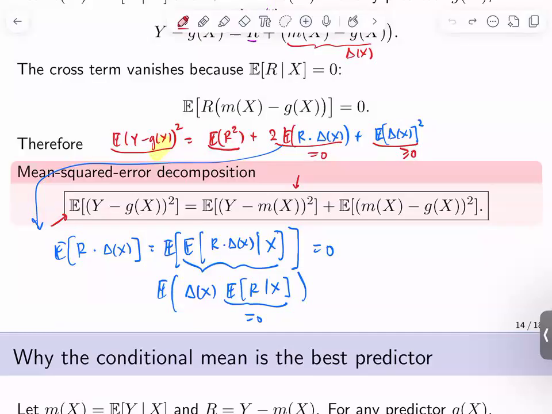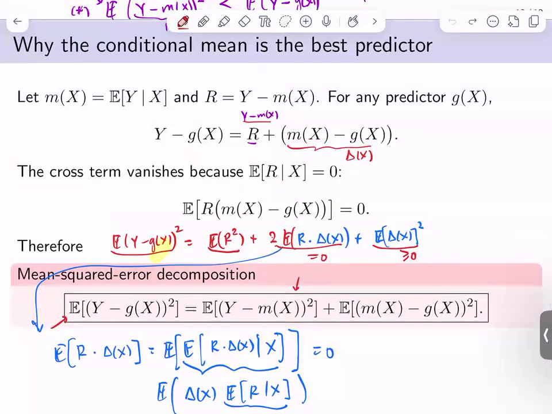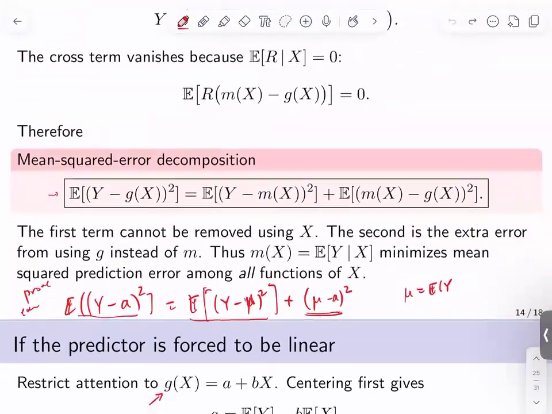This was a little bit fast towards the end of the last lecture, but I encourage you to go through the proof. The proof basically relies on some sort of orthogonality. It's like saying the residual is orthogonal, in the expectation sense, to the difference of the two estimators or predictors.